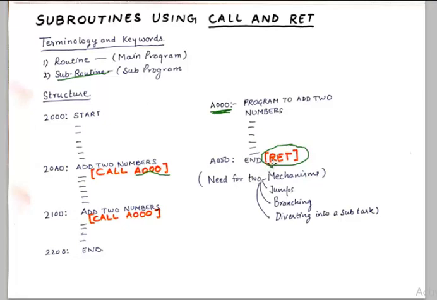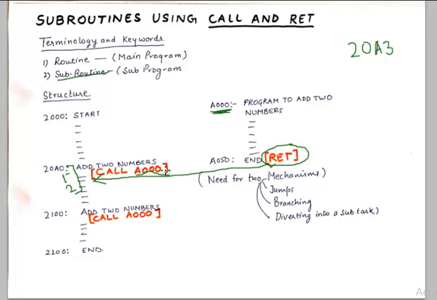And when return instruction is seen or encountered, it will come back to the immediate next memory location where we left off. So in other words, if call is a 3-byte instruction and it is written at 20A0, so essentially we would want to come back to 20A3, because 20A0, 20A1 and 20A2 are the memory locations where call instruction was written.